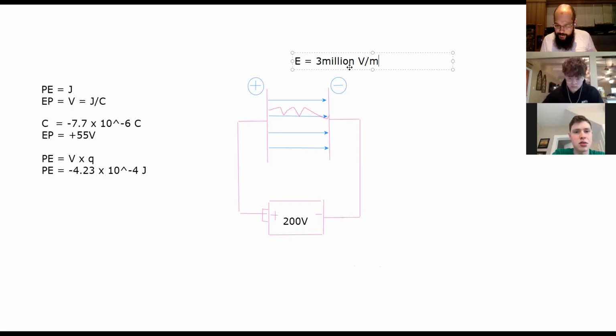Okay, typical voltages. Where do we have that breakdown? So the electric field equals voltage over distance. So the distance is the voltage over the electric field.